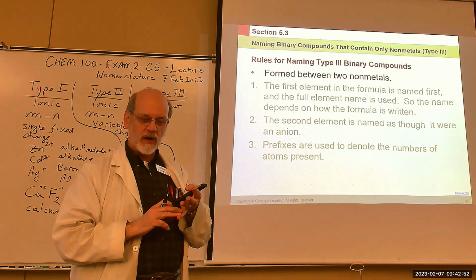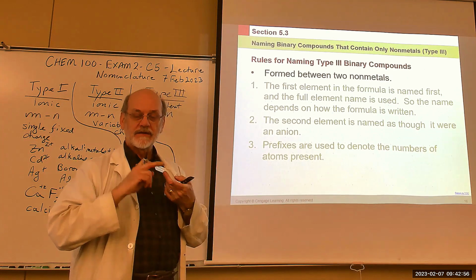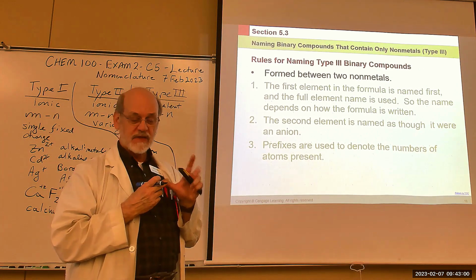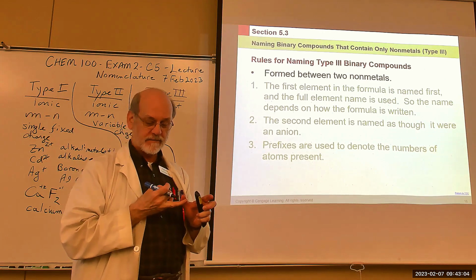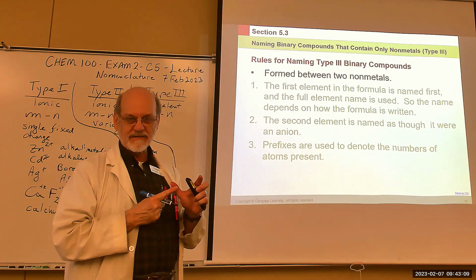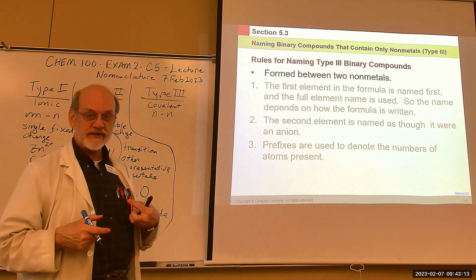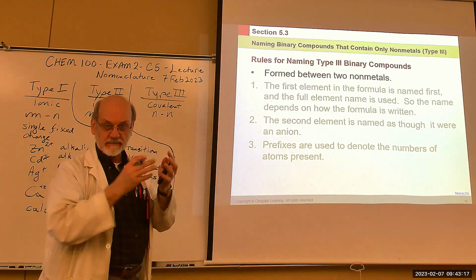So mono is 1, di is 2, tri is 3, tetra is 4, penta is 5, hexa is 6, hepta is 7, octa is 8, nona is 9, and deca is 10. We use those prefixes to say how many of each element is in that unit.